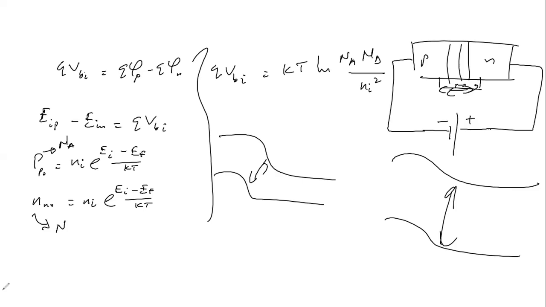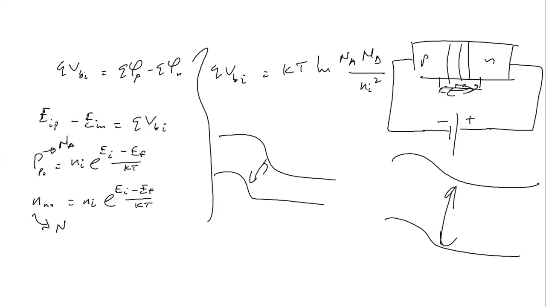Perfect. Now, if we have established that the built-in potential in this case is given in terms of this relationship, then how do we estimate the depletion region? It's that width. So how do we estimate that width?